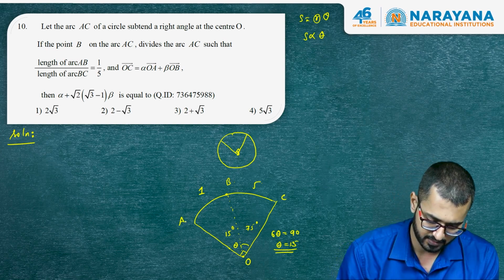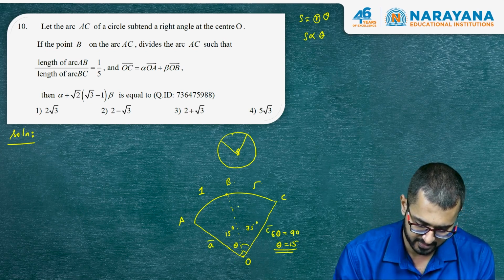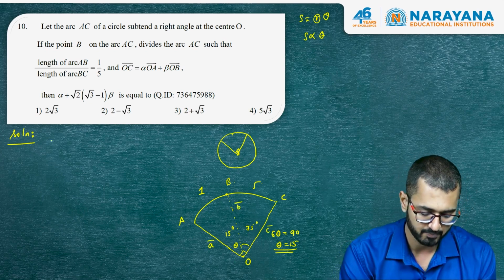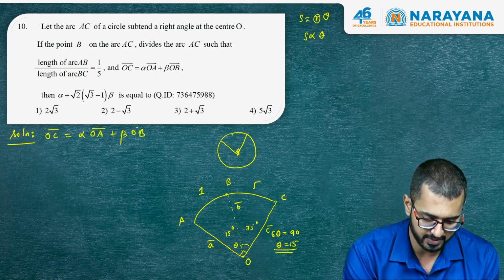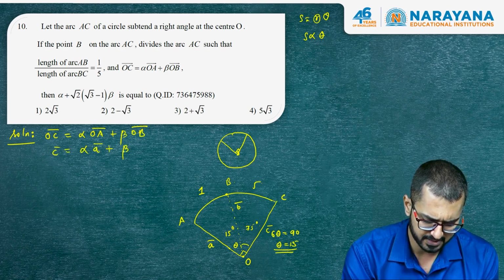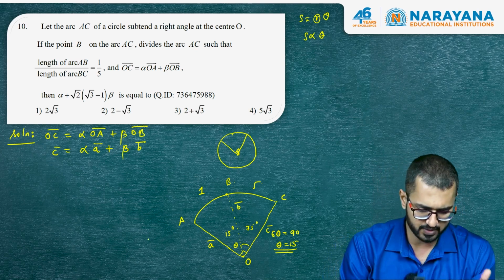Now they are saying OC bar, so we can write A bar, this is my C bar, and this happens to be my B bar. They have written OC bar is equal to alpha times OA bar plus beta times OB bar. So we can write C bar is equal to alpha A bar plus beta into B bar. Now we have to find alpha and beta.